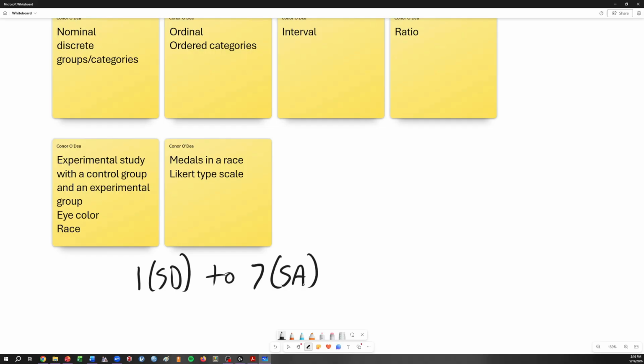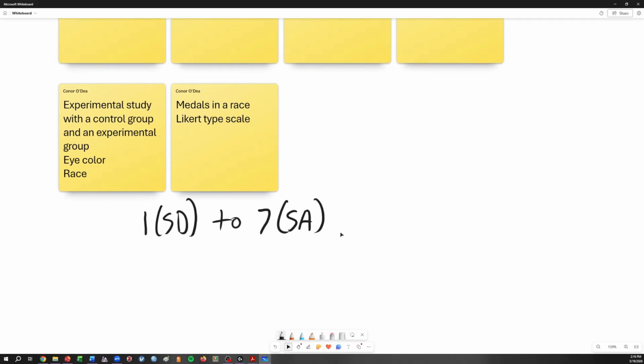And you might be saying, how do I actually answer this? Well, when you fill this in, it's a 1, and there's a bubble there that you could check. There's a 2, and there's a bubble. There's a 3 and a bubble, so on and so forth, all the way to 7, and there's a bubble underneath 7.